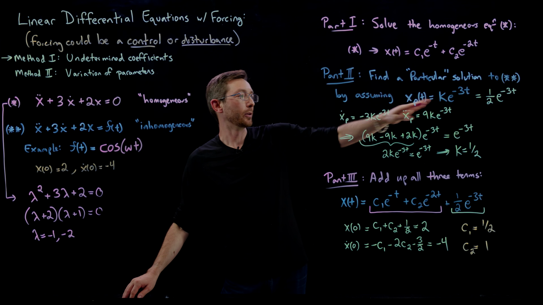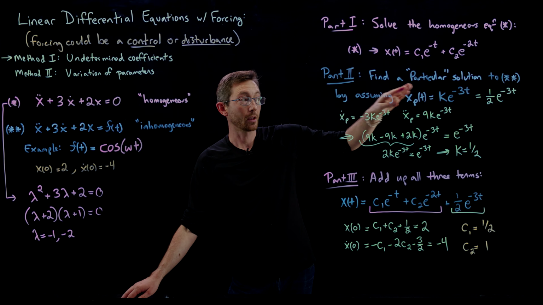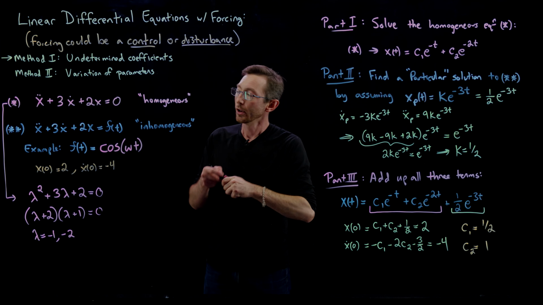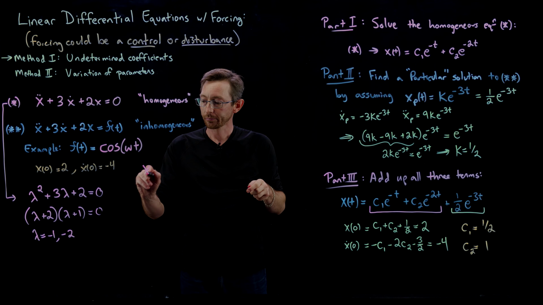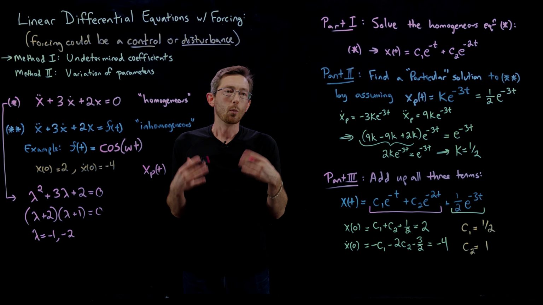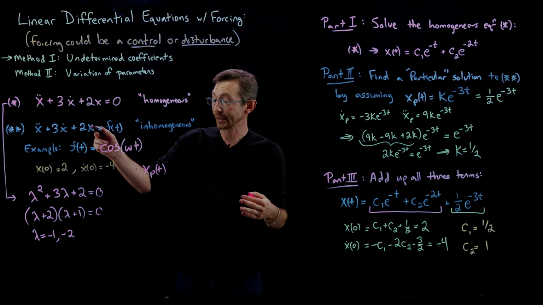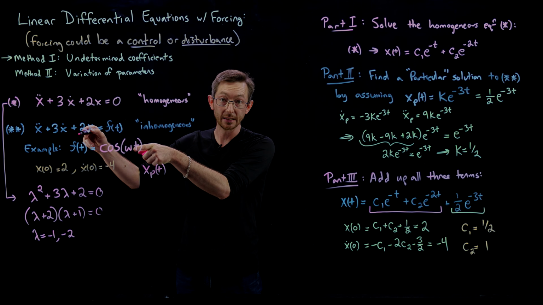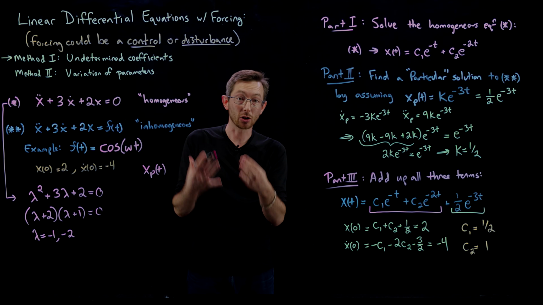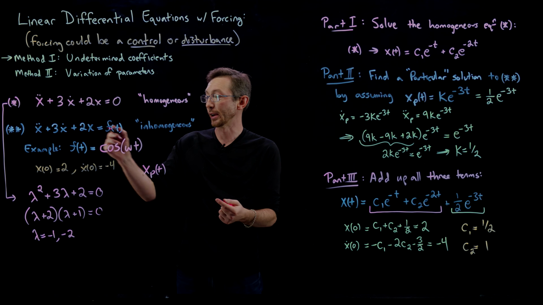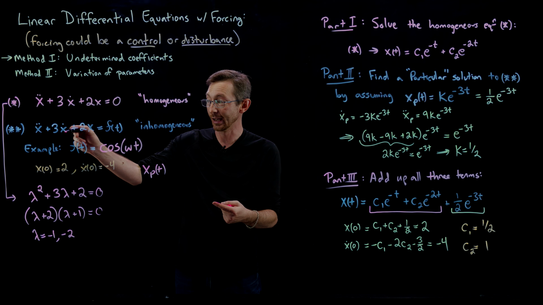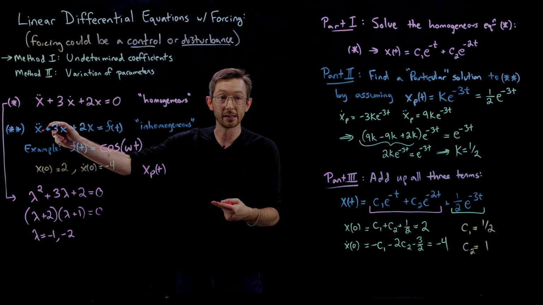Now, when I try to solve for my particular solution, x_p of t, we know that the functions x of t where that function and its derivatives look like cos omega t are going to be things like cosines and sines, right? Because the first derivative of cosine is a sine. The second derivative is a cosine again.